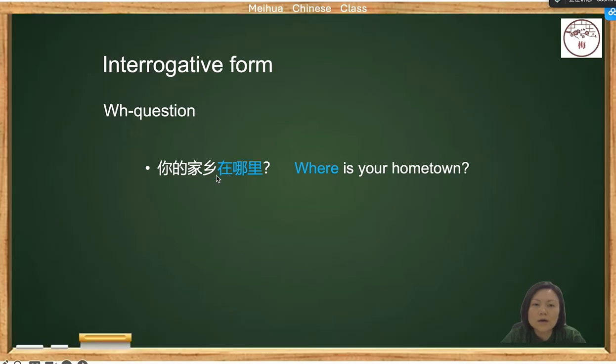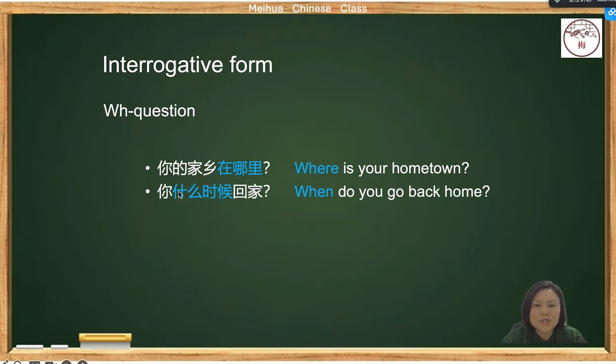In the interrogative sentence, we just use an interrogative pronoun to replace that city name or country name. We don't change any order. However, in English, apart from using the interrogative pronoun, we should put that pronoun at the beginning of the sentence. Where is your hometown? We should not say your hometown is where. This is the sentence order in Chinese, but it's different in English.